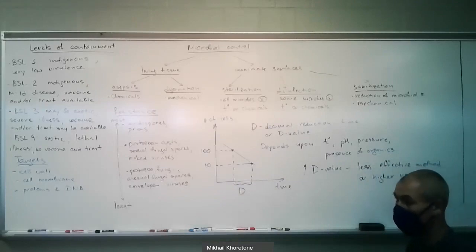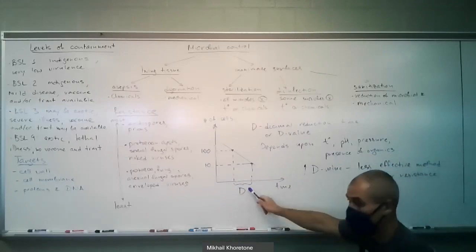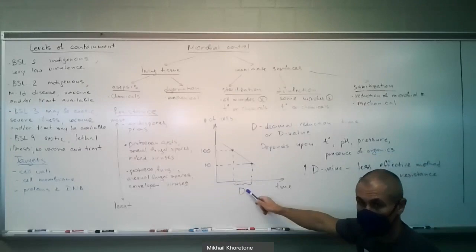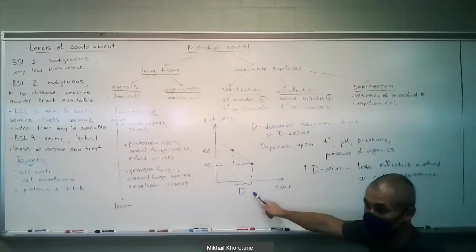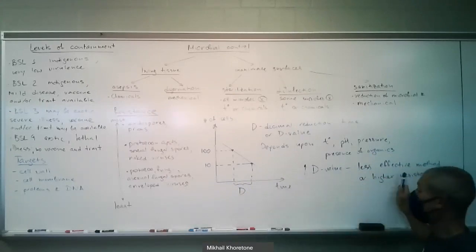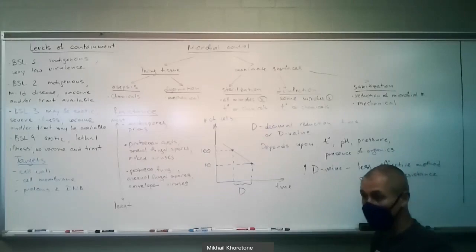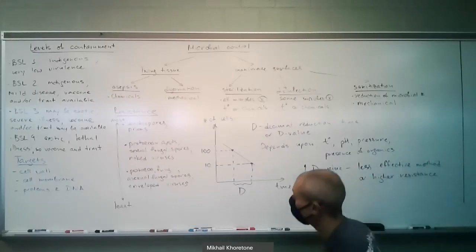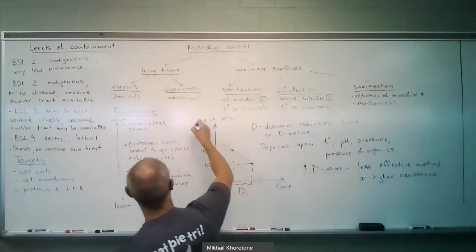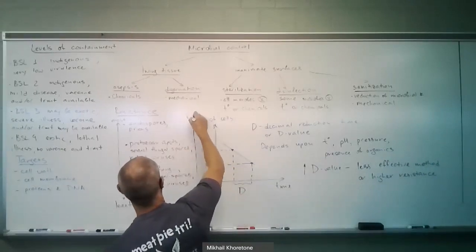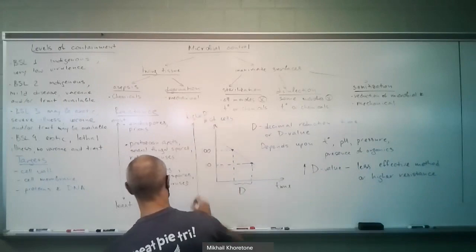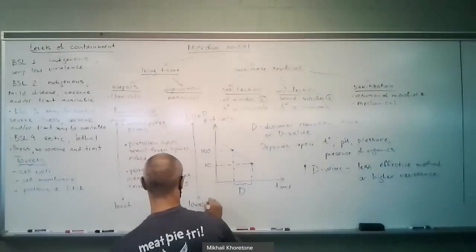Look at this. The longer it takes to kill a microbe, the less effective method you have. The higher the D value, the longer it takes to kill the microbe, the less effective the method. Or the microbe has high resistance. Are we clear? Okay, so basically we can say that higher D value, lower effectiveness.